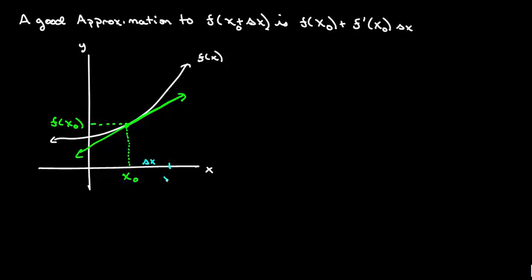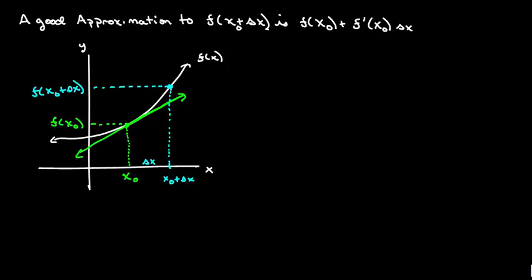So this point right here is x sub naught plus delta x. So if I go up here, the actual height of the function is f at x naught plus delta x. And that's what this height right here is.